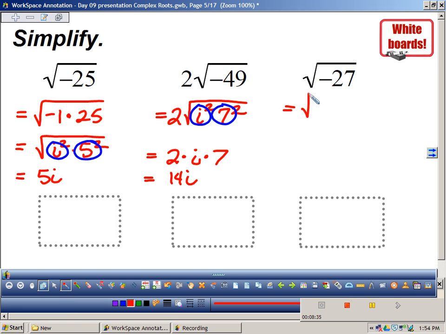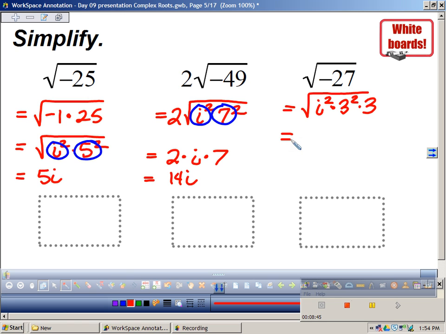This one is the square root of i squared times 27, which is 9 times 3, which is 3 squared times 3. Get rid of my squares. And I'm left with 3i square root 3.